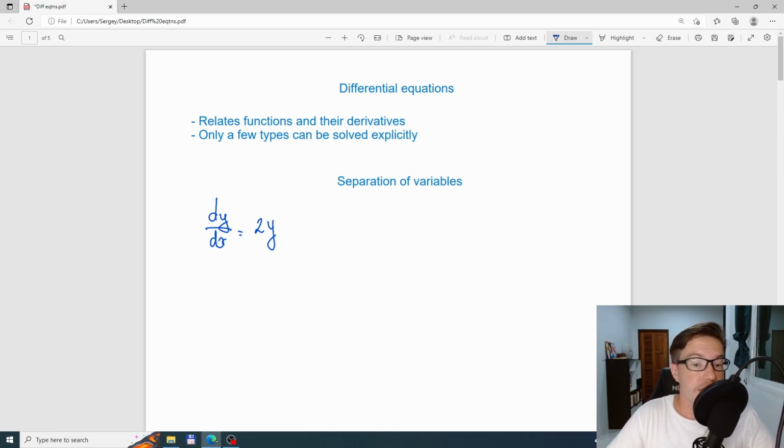As you can probably see, dy is on the left side and y is on the right side. They're on different sides of the equation, so that's not really good. So the first thing I'm going to do is multiply both sides by dx. And then I will get dy equals 2y dx.